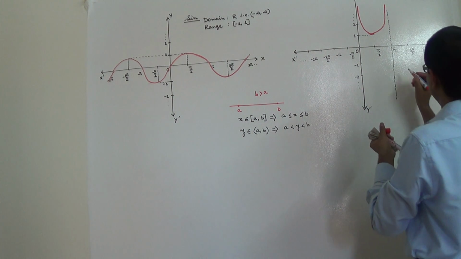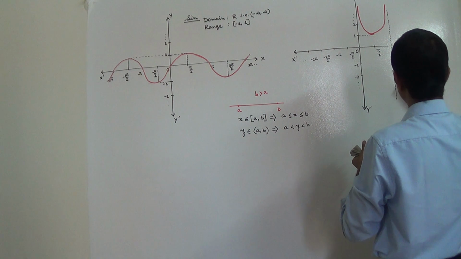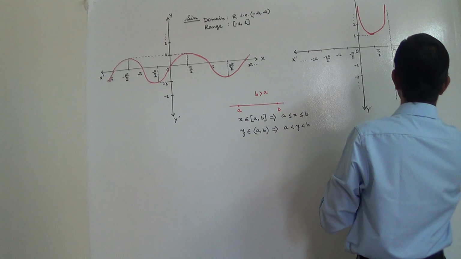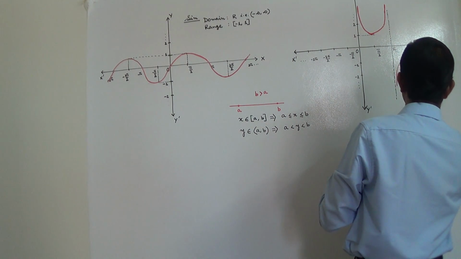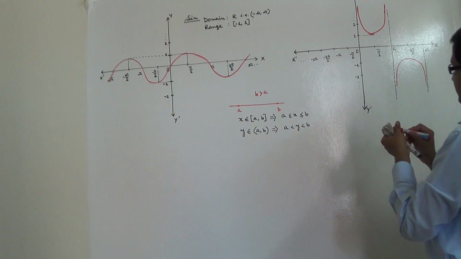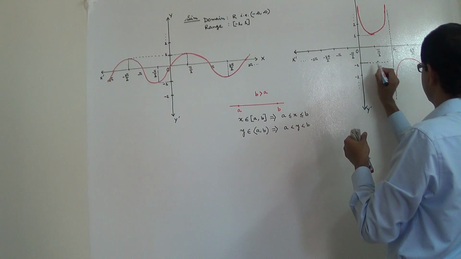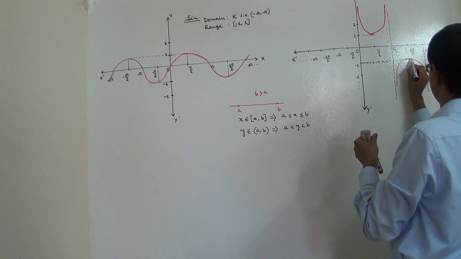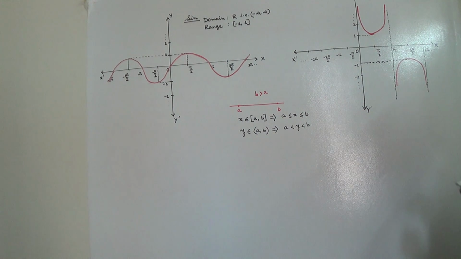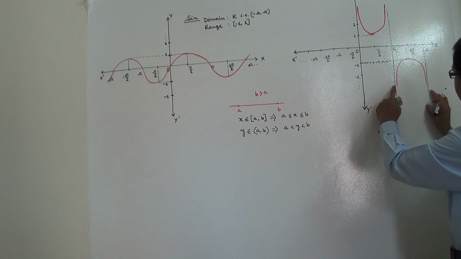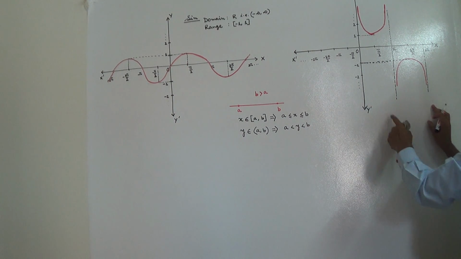So this is the value -1. Okay, -1 is the maximum value here. Here also it cannot touch the points pi and 2 pi.